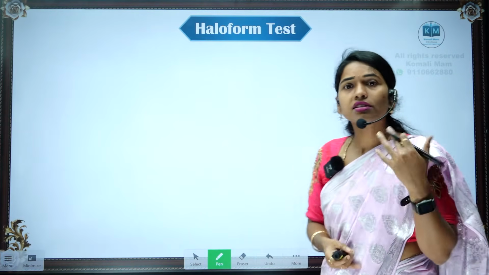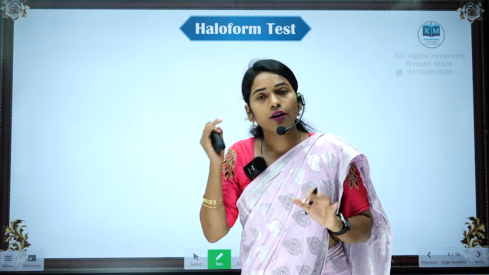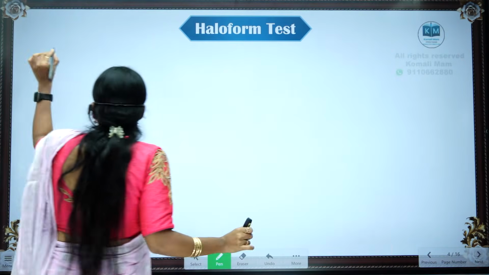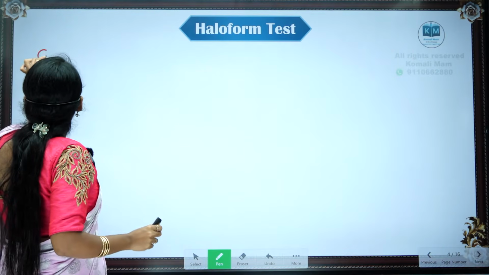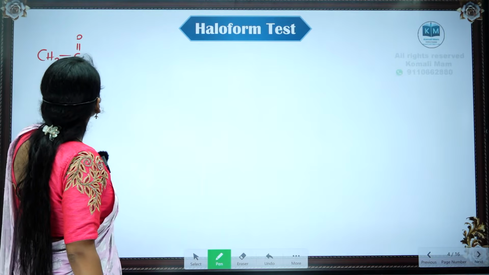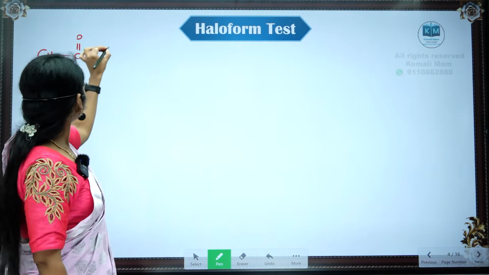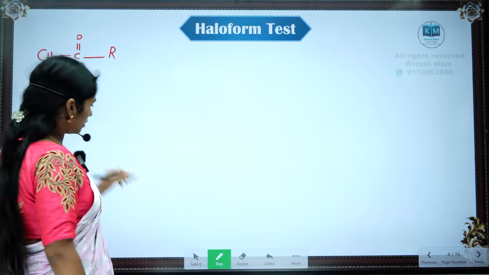Haloform test. What is this haloform test? Most important test, these 6 are. What is this haloform test? The compounds which are having CH3 C double bond O, either this or CH3 CHOH.